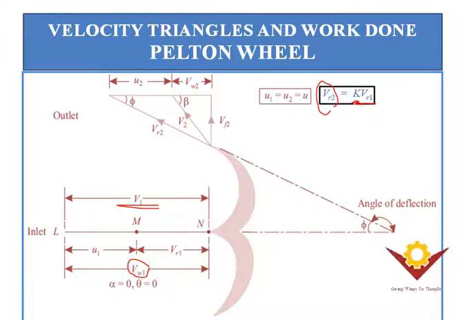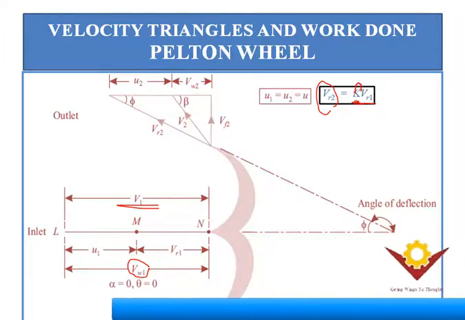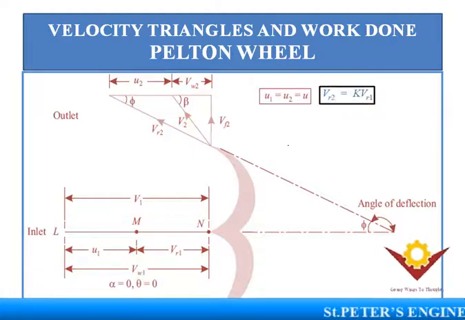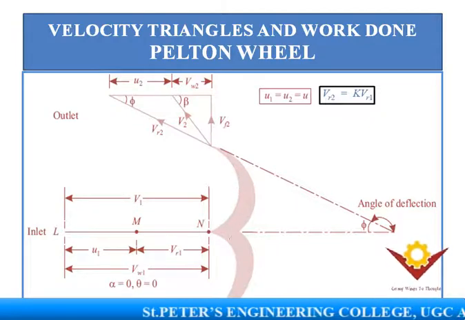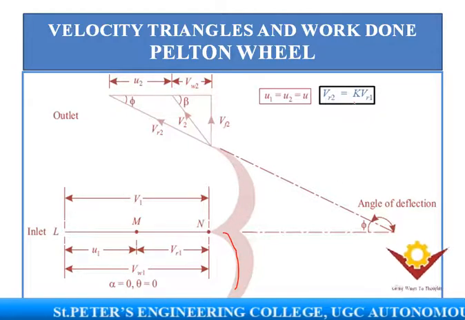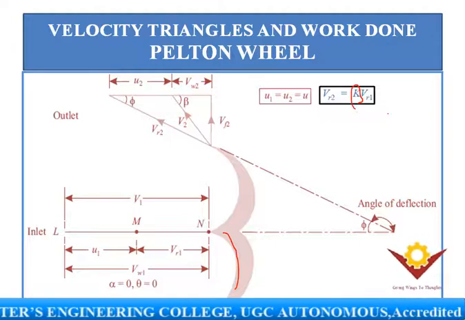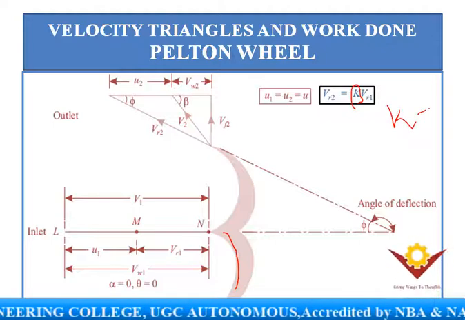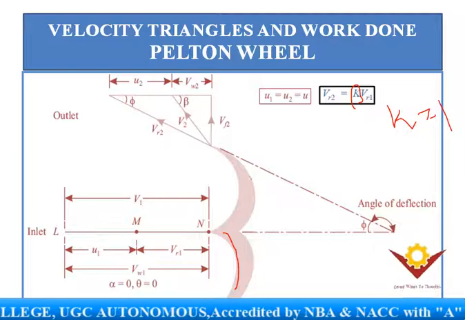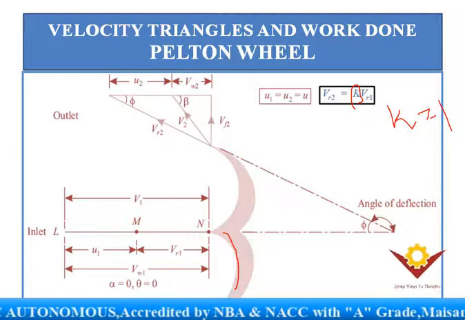And what is this K? K is the friction coefficient. Here we are assuming the blade is smooth, so for smooth blades, K equals 1.